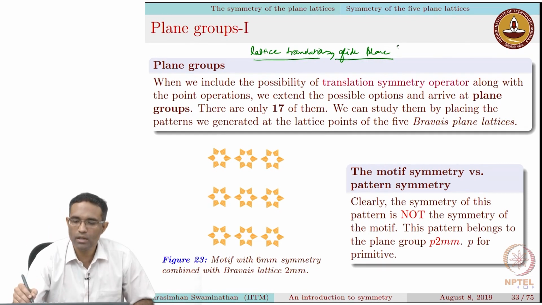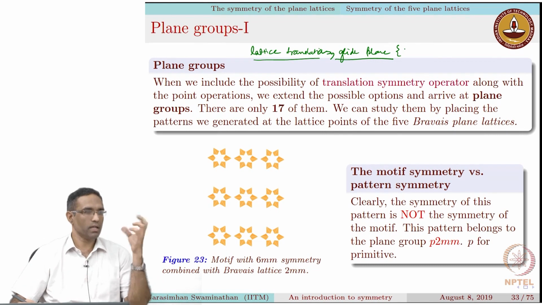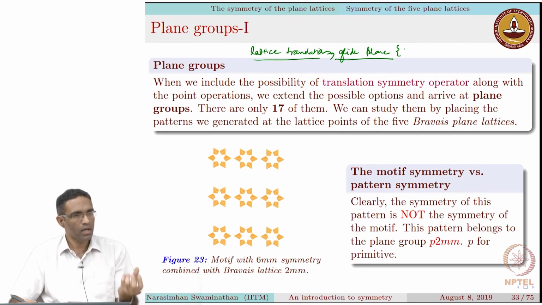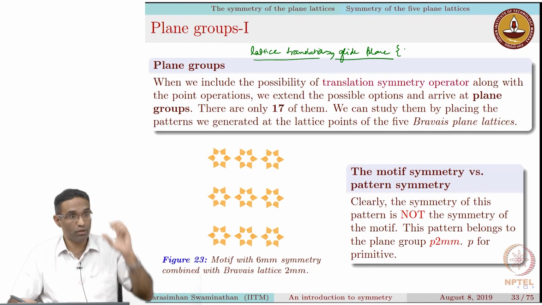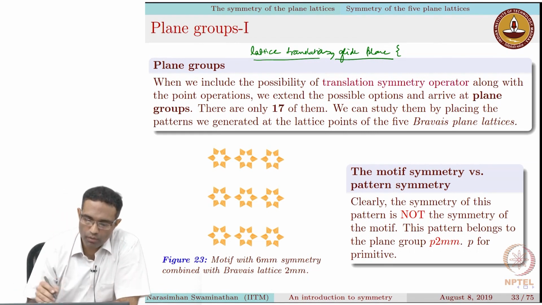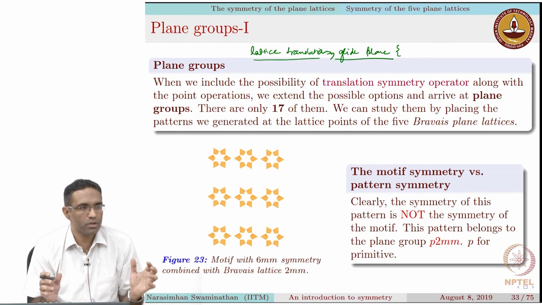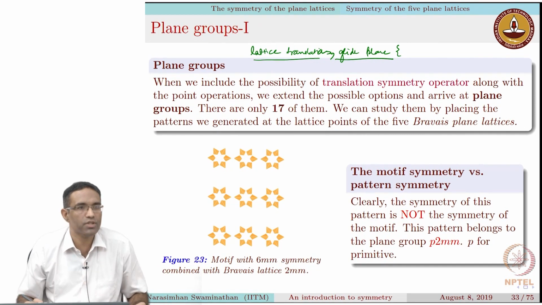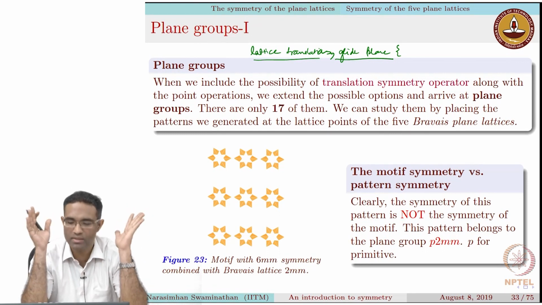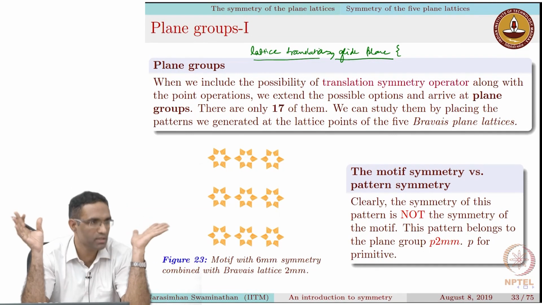So these are the two things that are interesting to us. In 2D we don't have any other translational symmetry operator. However, in 3D, in addition to the glide planes, you will also have something called a screw rotation, which involves rotation and then moving by a certain amount in a direction along the axis of rotation. So when you combine these point groups along with the various translational symmetry operators, you happen to get only 17 different possibilities.